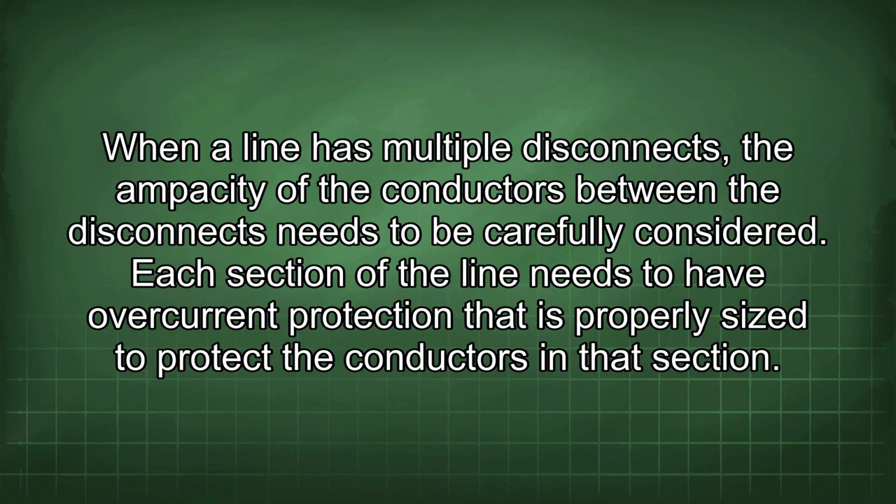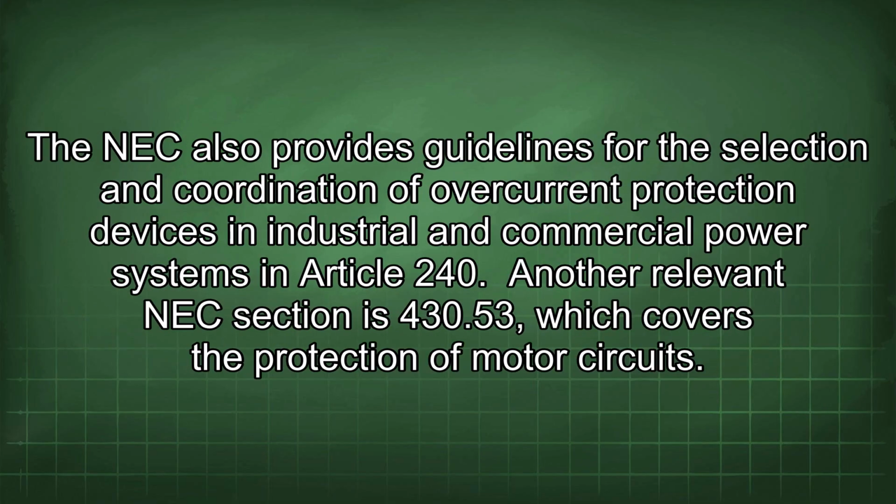When a line has multiple disconnects, the ampacity of the conductors between the disconnects needs to be carefully considered. Each section of the line needs to have overcurrent protection that is properly sized to protect the conductors in that section.